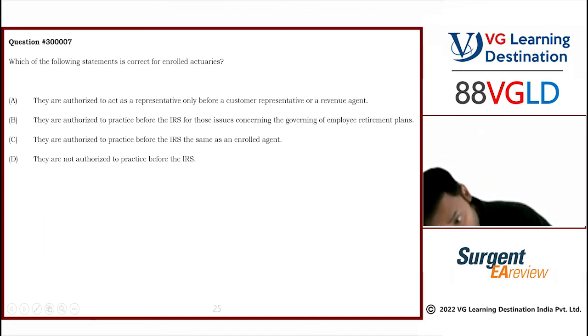Go back to the table, enrolled actuaries, and have a look at it.